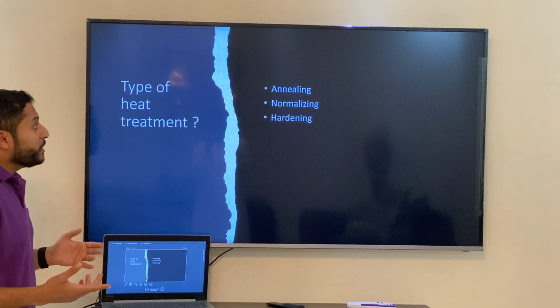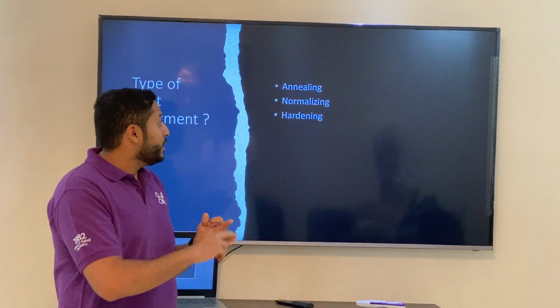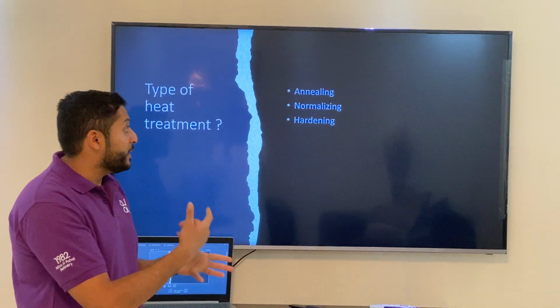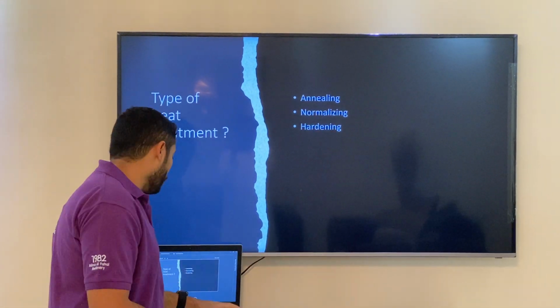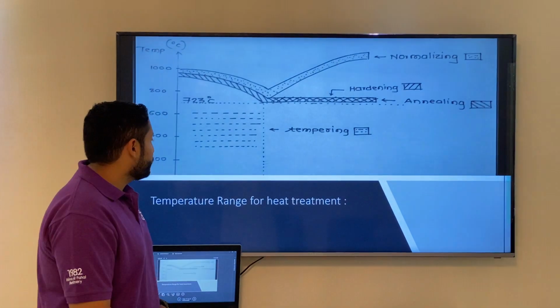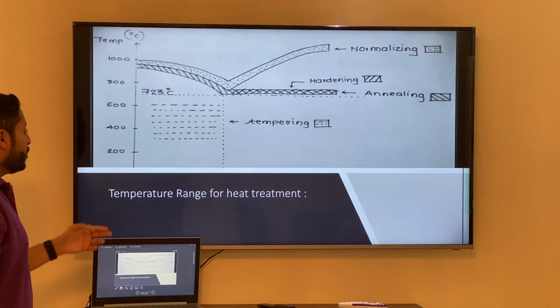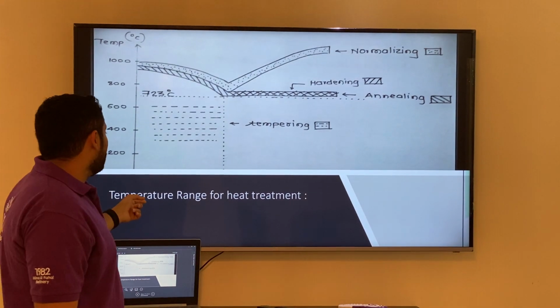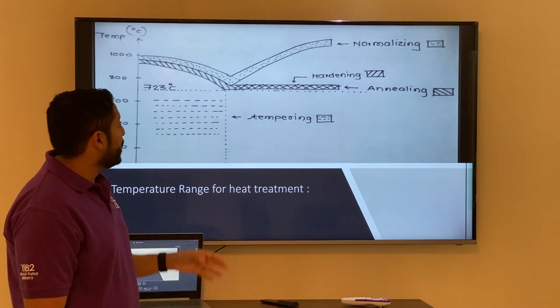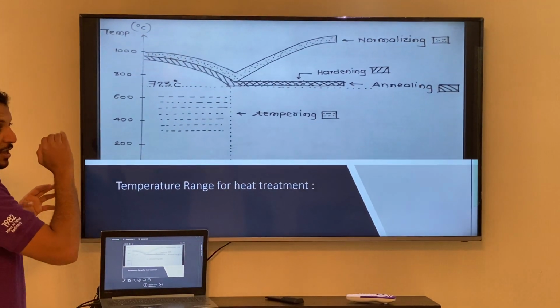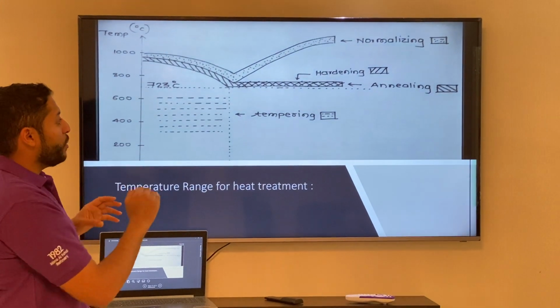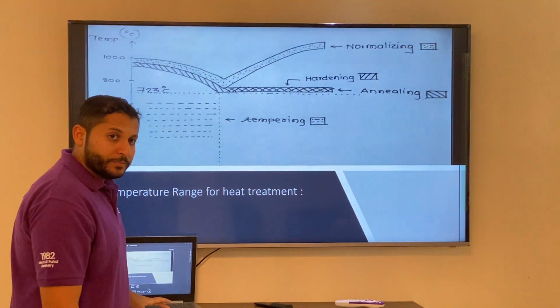The types of heat treatment are annealing, normalizing, and hardening. Okay, what are annealing, normalizing, and hardening? Now we'll go through them. This one is general to explain all of them, the temperature range of the heat treatment, and I will divide and explain them one by one.